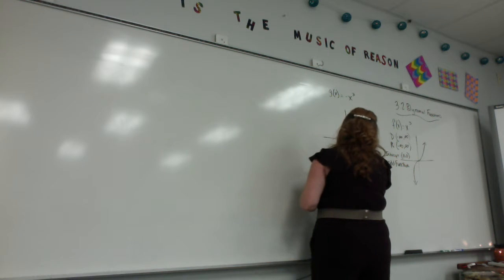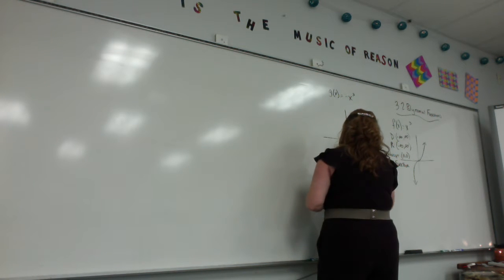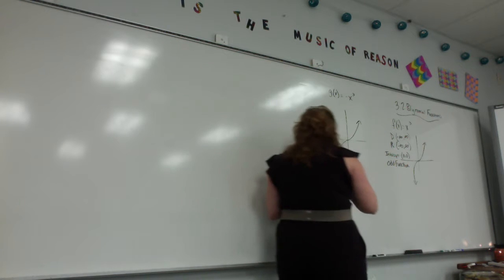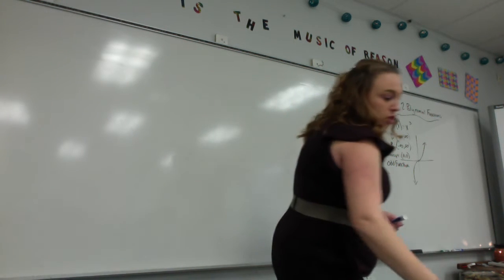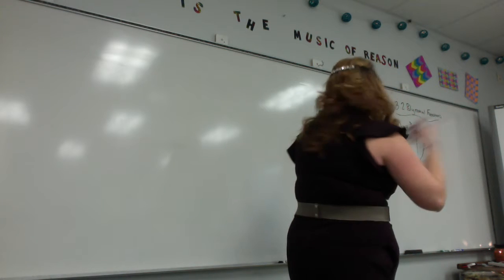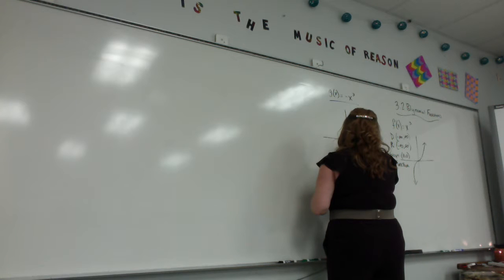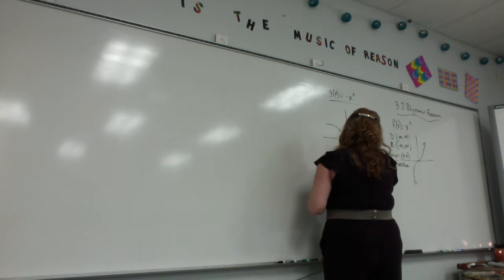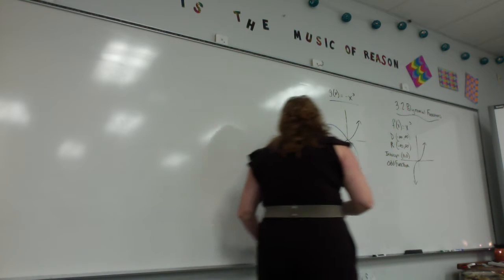My parent function looks like this. So flipping it would do what to this graph? Switch which one goes up and which one goes down. So it would look more like this. Okay, so it would flip it into that direction.